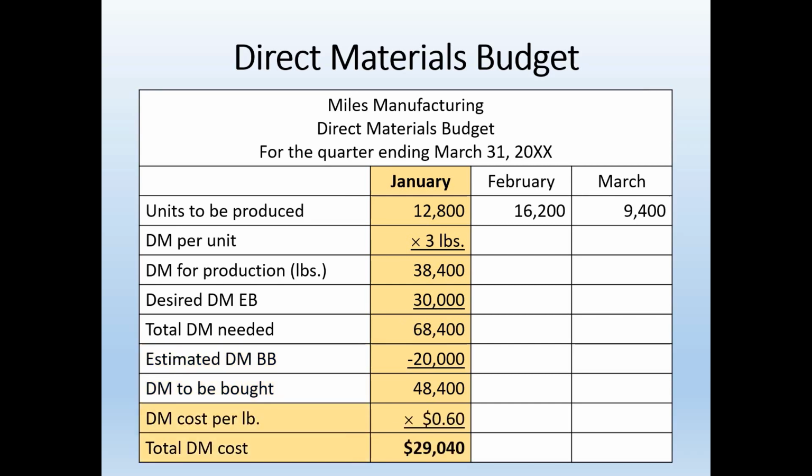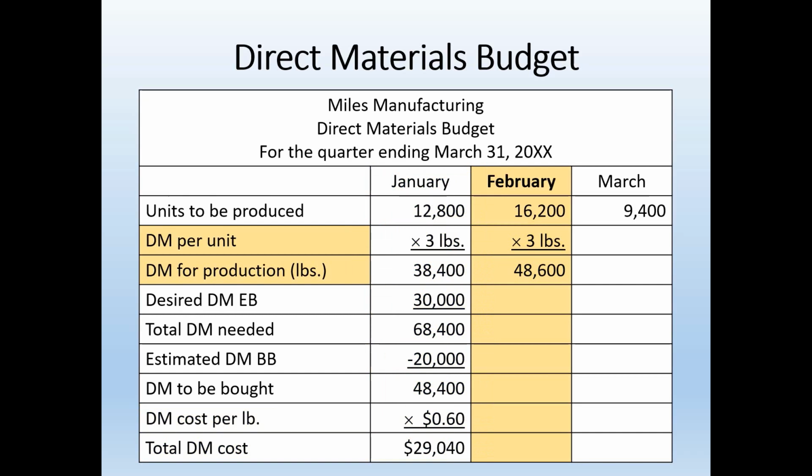If we multiply that by the 60-cent cost per pound, that tells us that the firm needs a little more than $29,000 in January just to buy its direct materials.